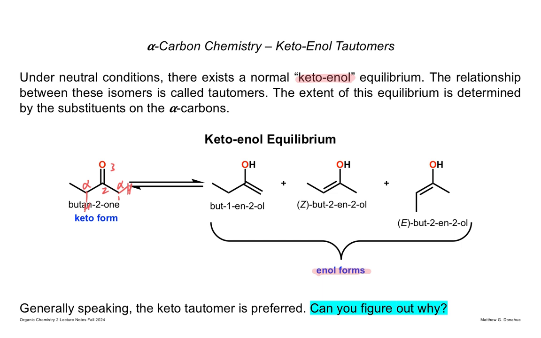So one other key word here. Since these are isomers, the word that's used is tautomer. And I could be wrong, but I think for the purposes of this class, the tautomer is just the location of that hydrogen atom. It's either on the oxygen or it's on the carbon.